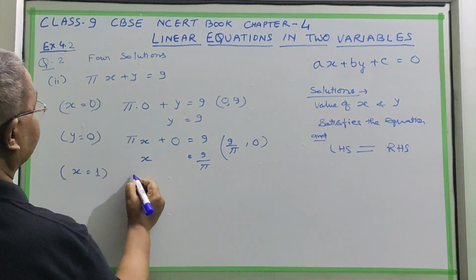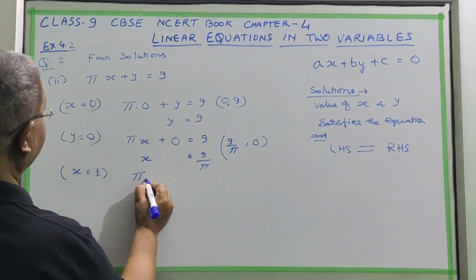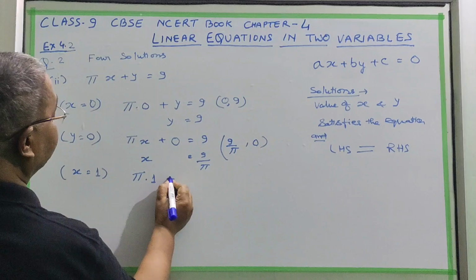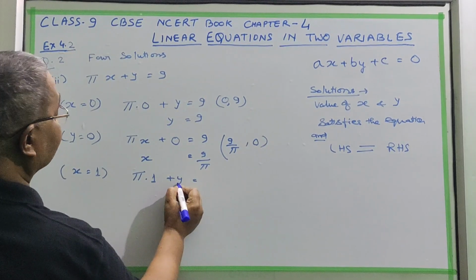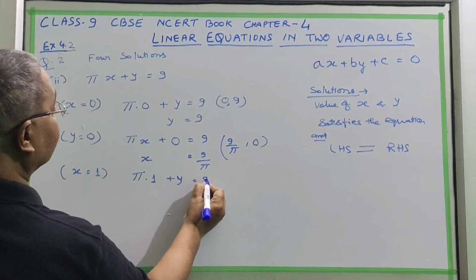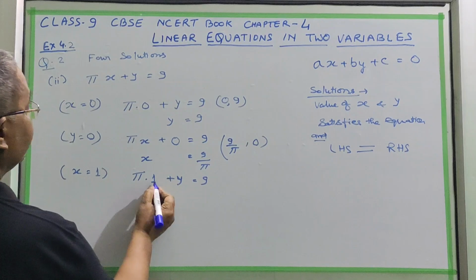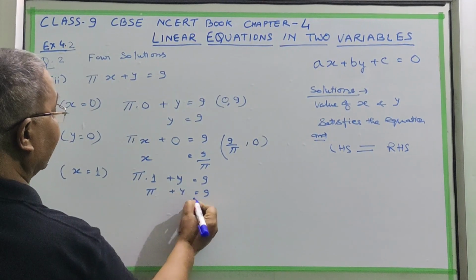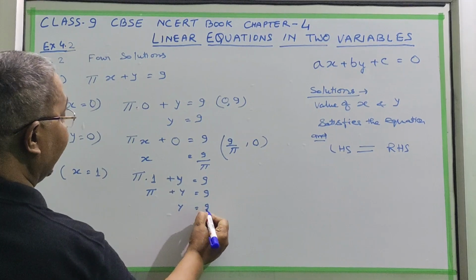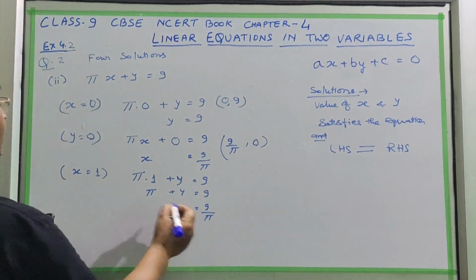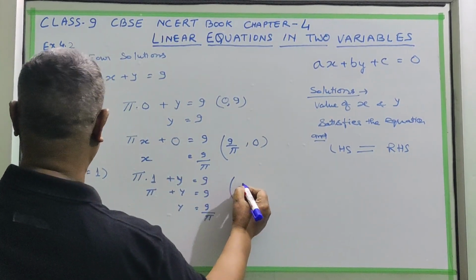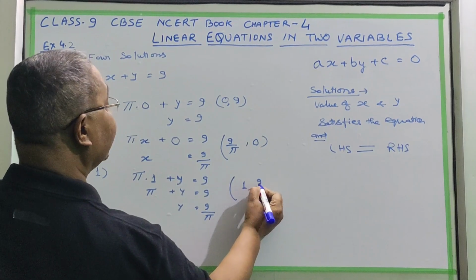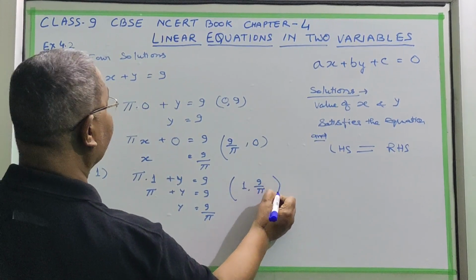X is equal to 1 means pi multiplied by 1 plus y equal to 9. So it will become pi plus y is equal to 9. So y equal to 9 minus pi. So here it is 1 and 9 minus pi.